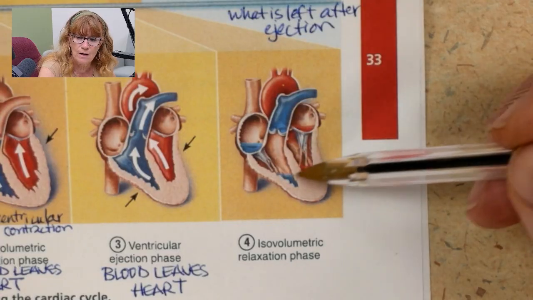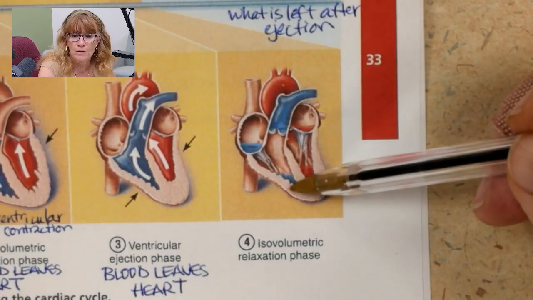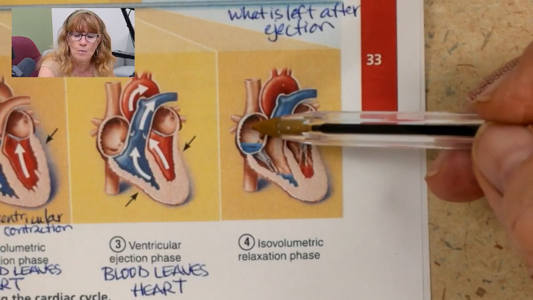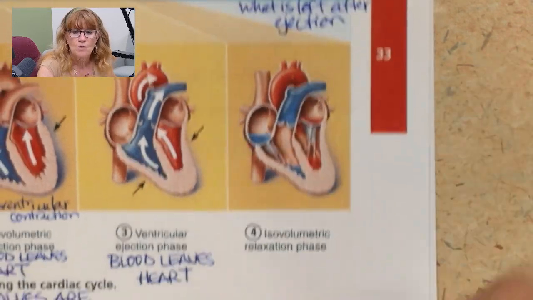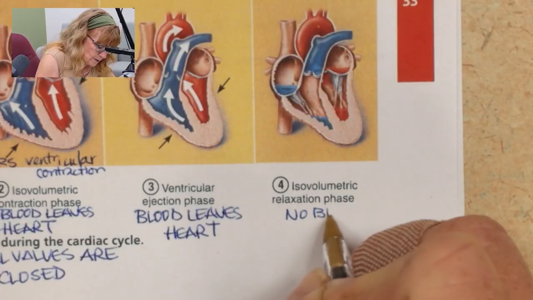This is the ESV down here. No more blood that we can use to open it up. The ventricle is relaxed, and there's not enough blood that has returned back to the heart into the atria to open up the semilunar valves. So again, we have no blood now.